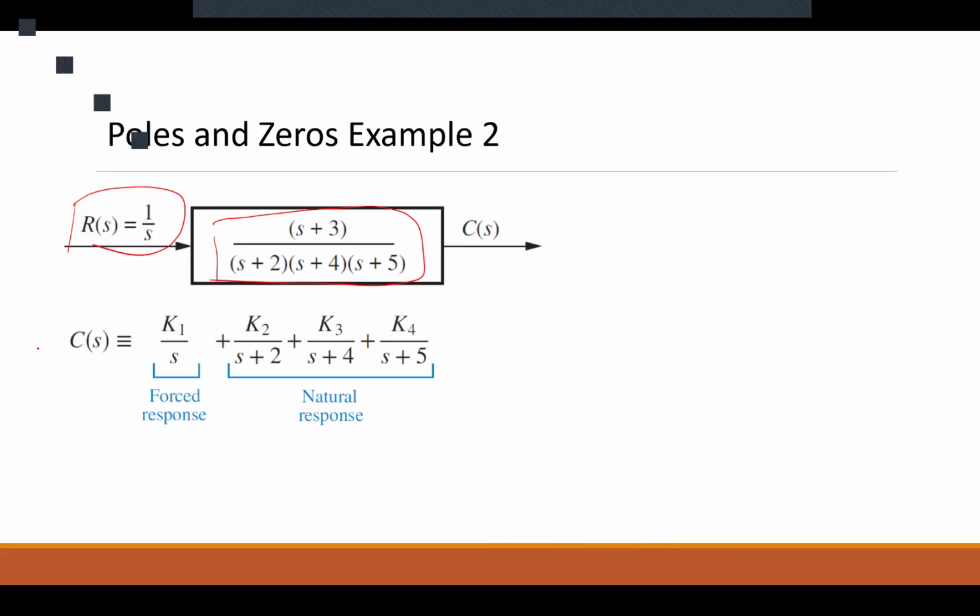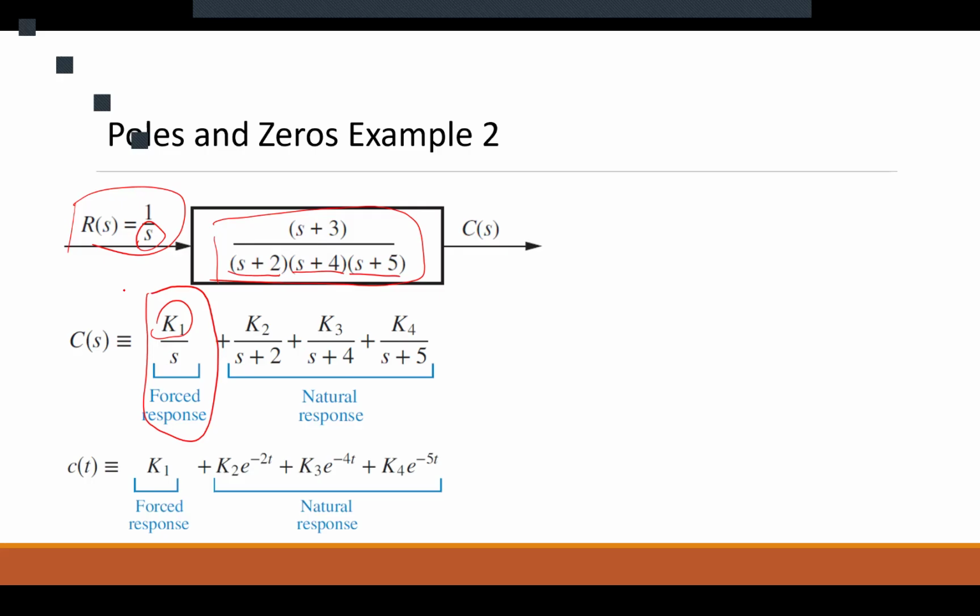From the discussion that we had before, we know that the result C(s) is going to be a coefficient over s, which is one of the terms in the denominator, another coefficient over s plus 2, another coefficient over s plus 4, and another coefficient over s plus 5. That was the use of the linear characteristic of Laplace, right? So we have that.